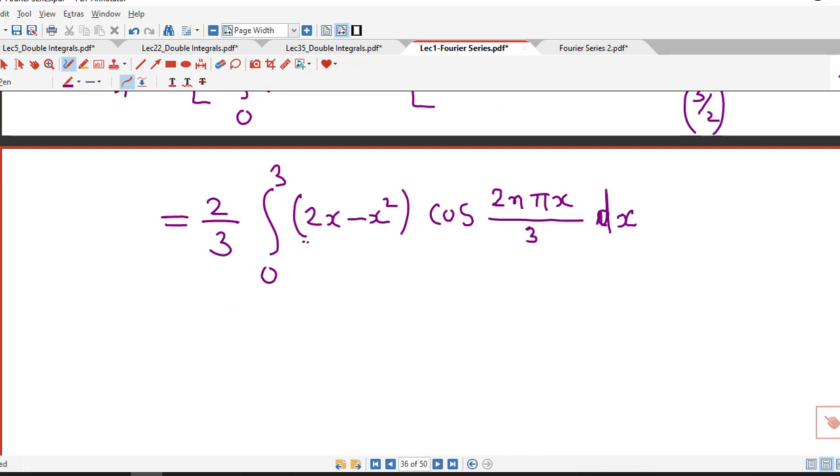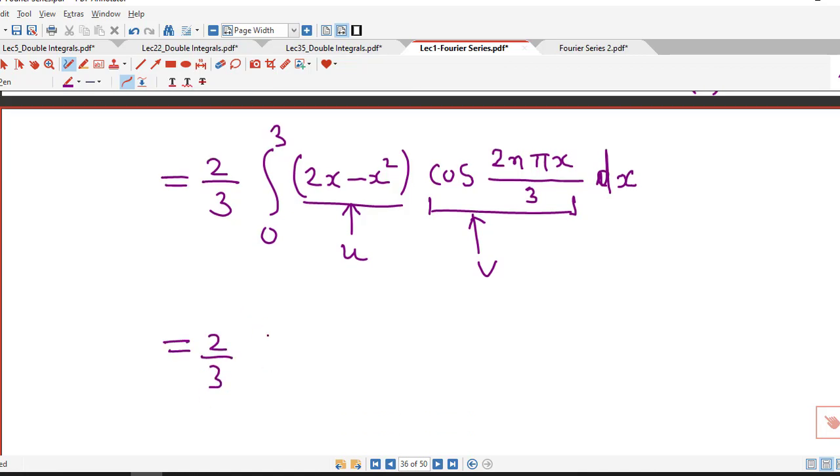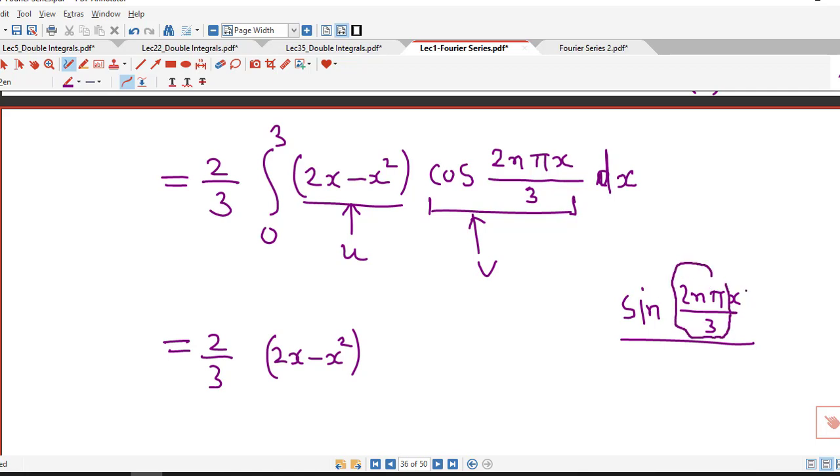So to integrate we use integration by parts with u equal to 2x minus x square and v equal to this cosine function. First we write down 2x minus x square as it is, and the integral of cos 2n pi x by 3 is sin 2n pi x by 3 divided by the coefficient of x, which is 2n pi divided by 3.